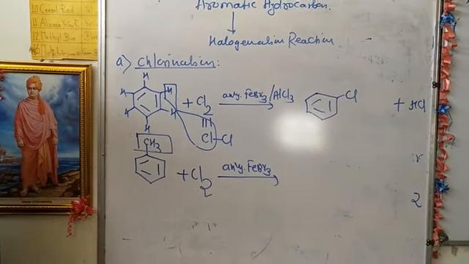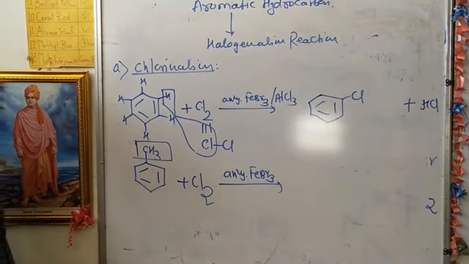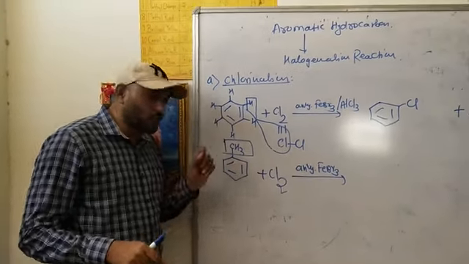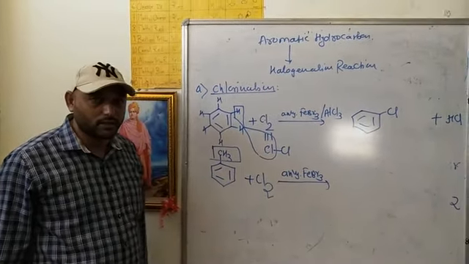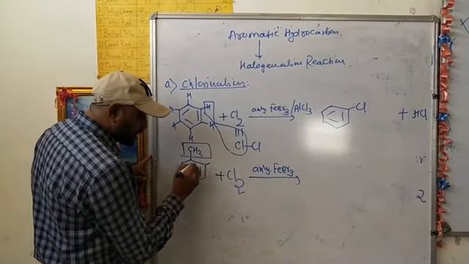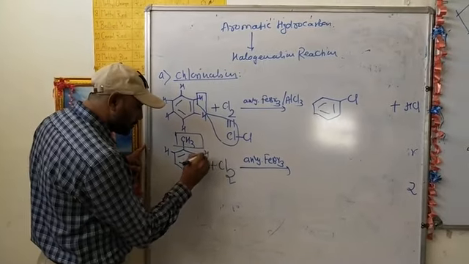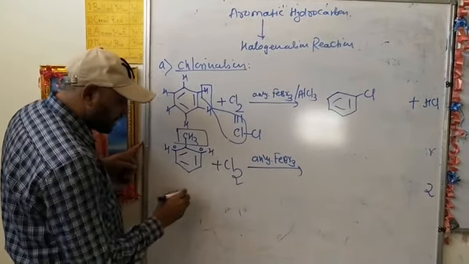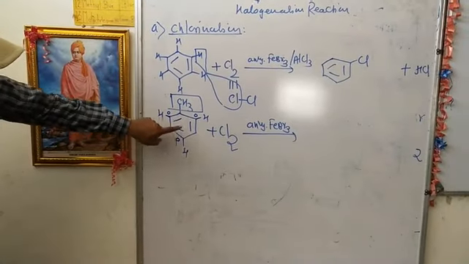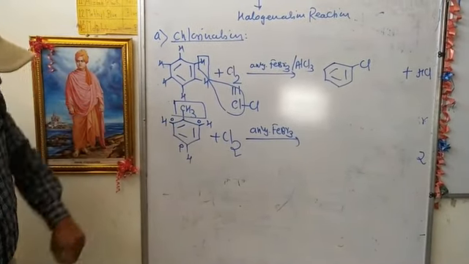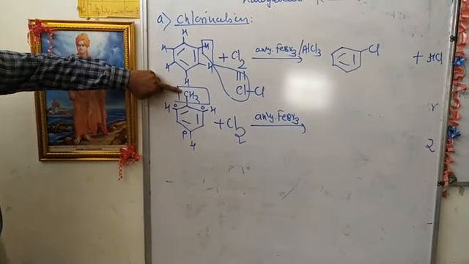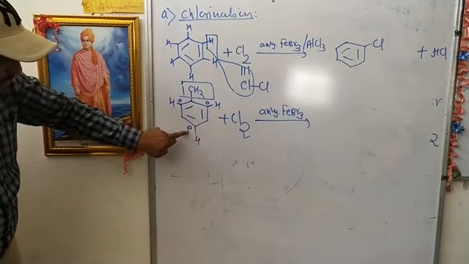Ortho and para director means the electrophilic substitution reaction takes place either at the ortho position or the para position. Here methyl has two ortho positions, this ortho and this ortho, and one para position. This is the ortho position and this is the para position. So electrophilic substitution with respect to this CH3 occurs either at the ortho position or the para position.